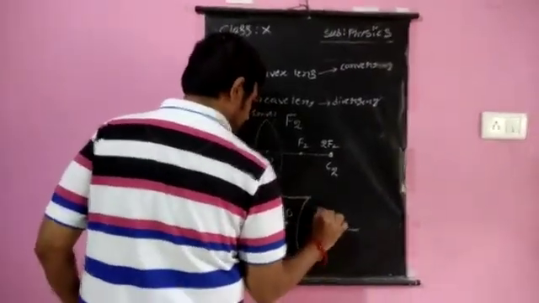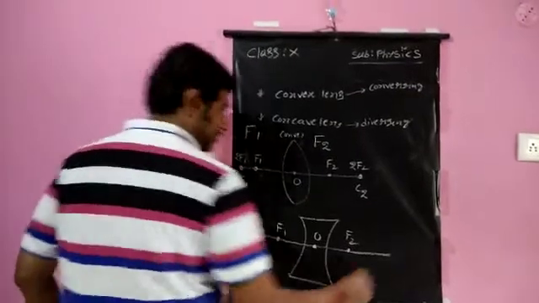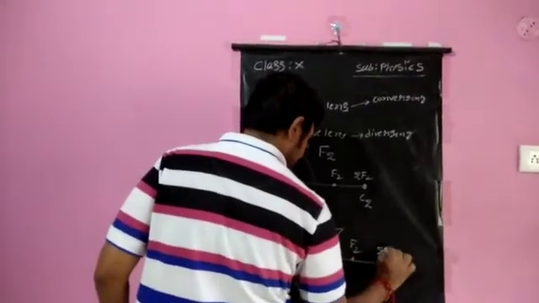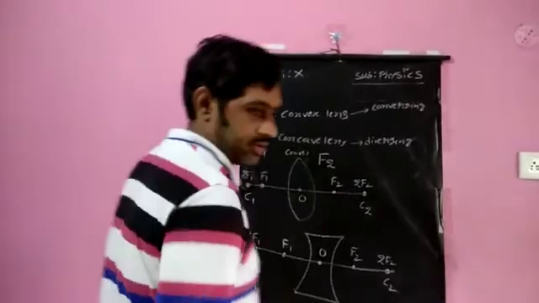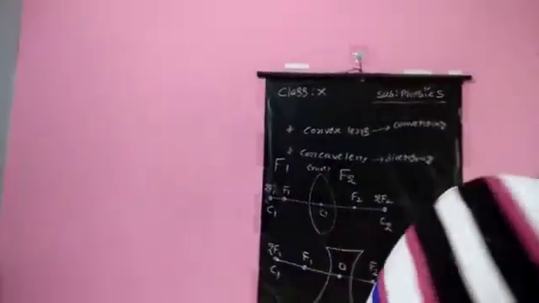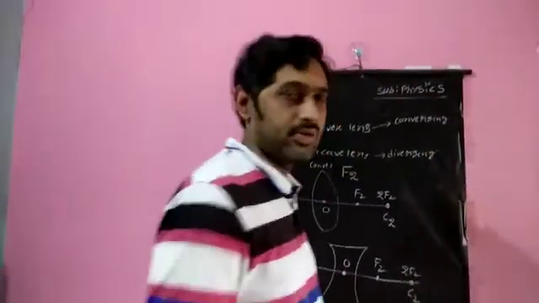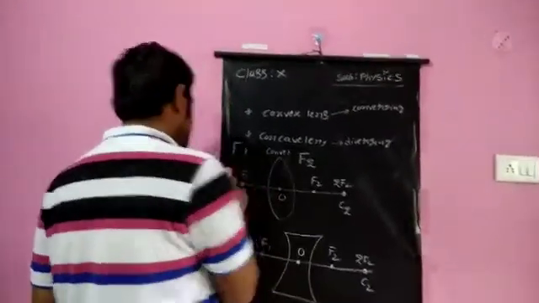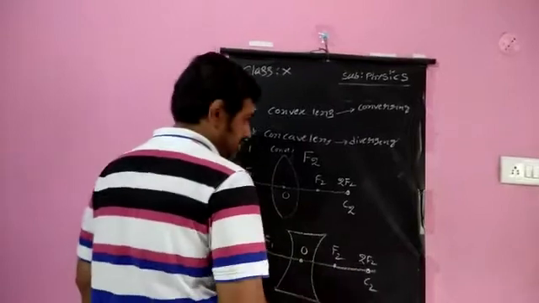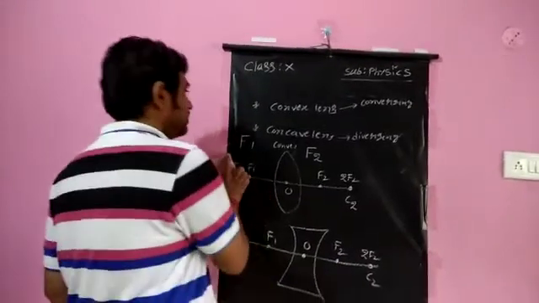On the other side you will have the second principal focus, f2, and twice that distance gives 2f2 or C2. In our textbook notation, f1, 2f1, f2, 2f2 is given. Whether you write 2f1 or C1, 2f2 or C2, both are the same for lenses.